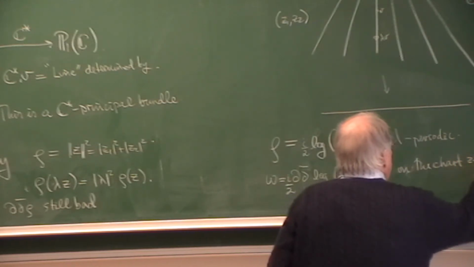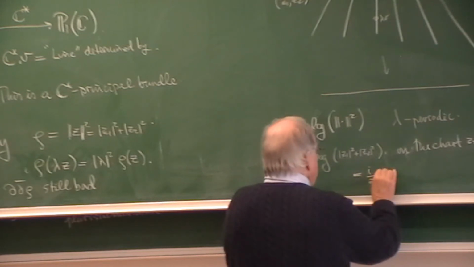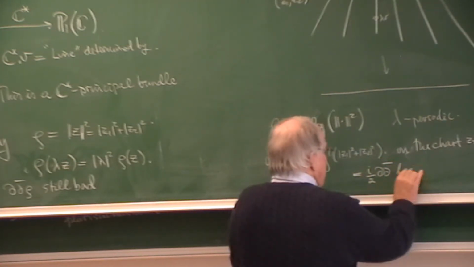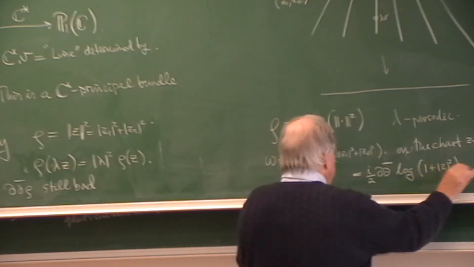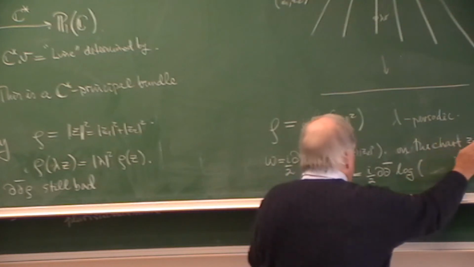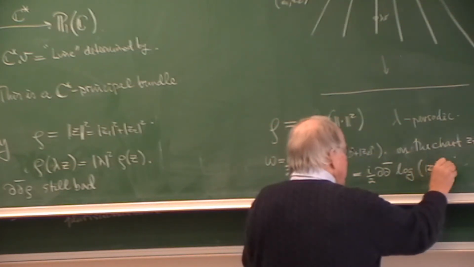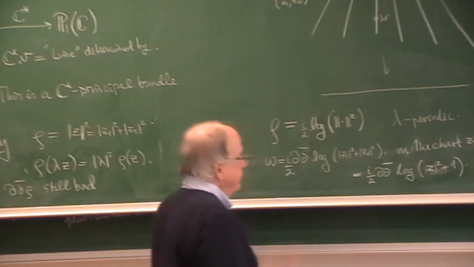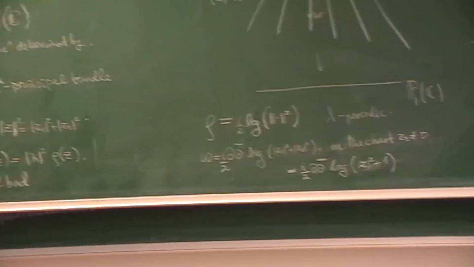So on the chart z2 not equal to 0, that would be I over 2 dd bar log of 1 plus z squared. I divide by z2 squared.